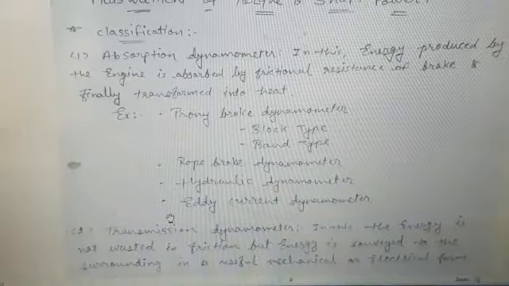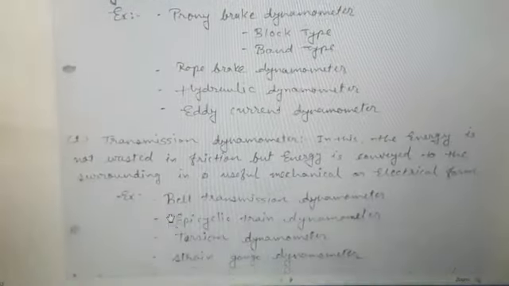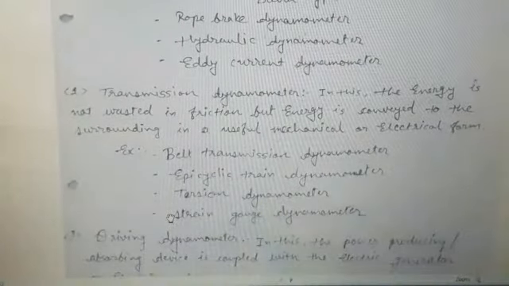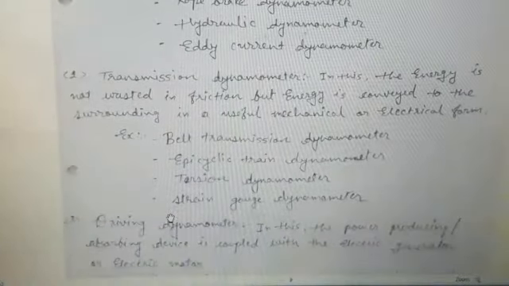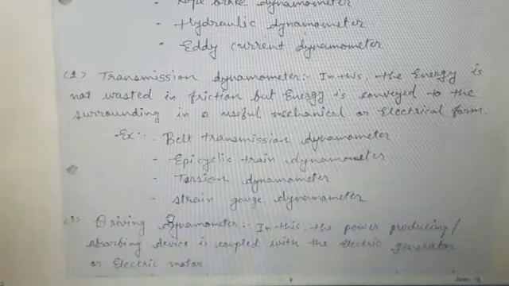Second one is transmission dynamometer. What is transmission dynamometer? It is totally reversed from the first one, which is absorption dynamometer. Transmission means it transmits the energy, not absorbs it.